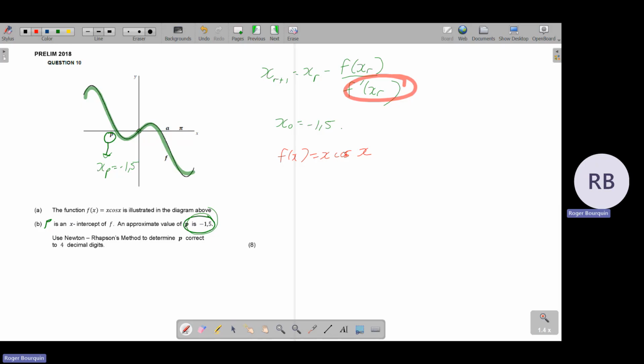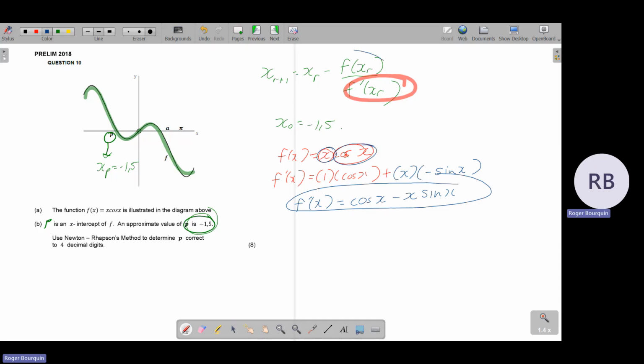So when you use the product rule, f dash x, we take the derivative of the first thing, which is 1, the second thing stays the same, so it'll be 1 times cos x, then a plus sign, then the first term stays the same and I take the derivative of cos, which is negative sine x. So the derivative for this function is cos x minus x sine x.